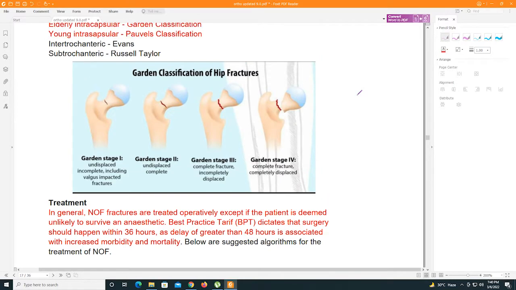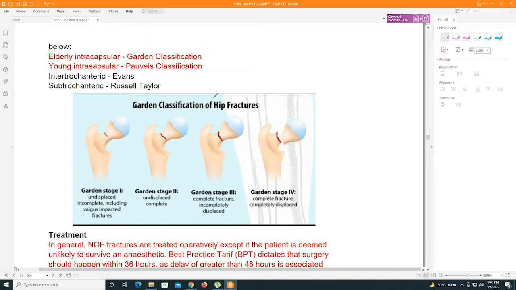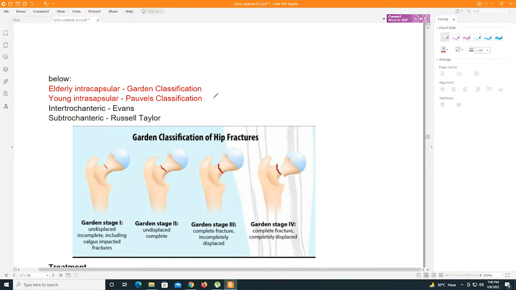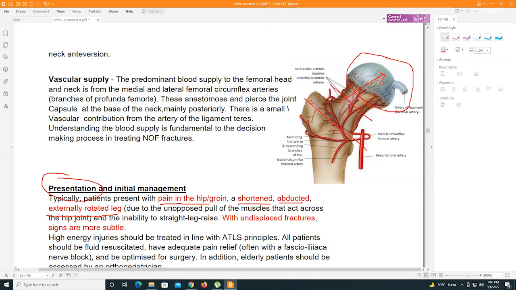So now, before taking any kind of decision, you first have to understand whether the fracture is extracapsular or intracapsular, because of this line. The capsule of the hip joint is attached around here.